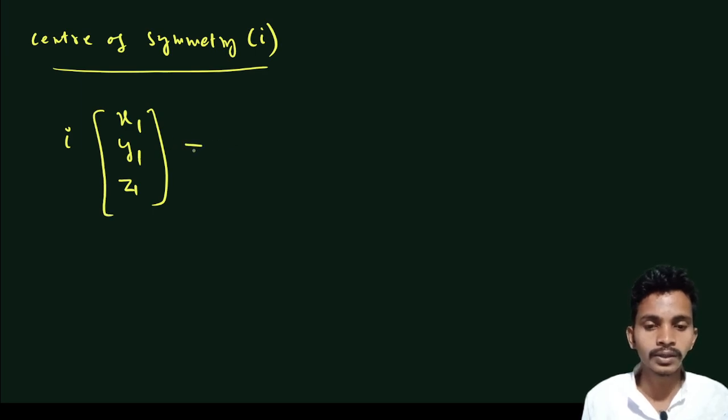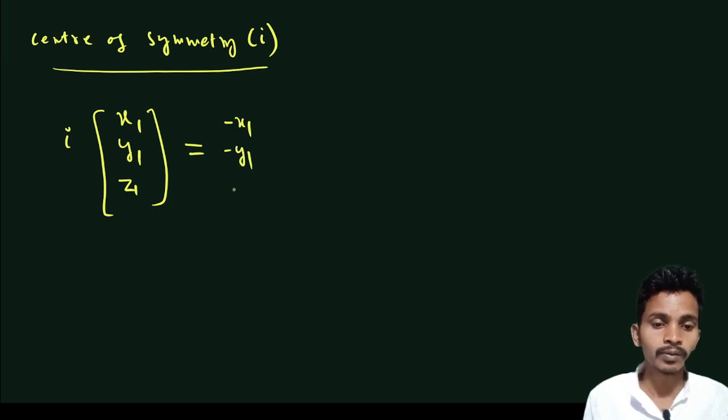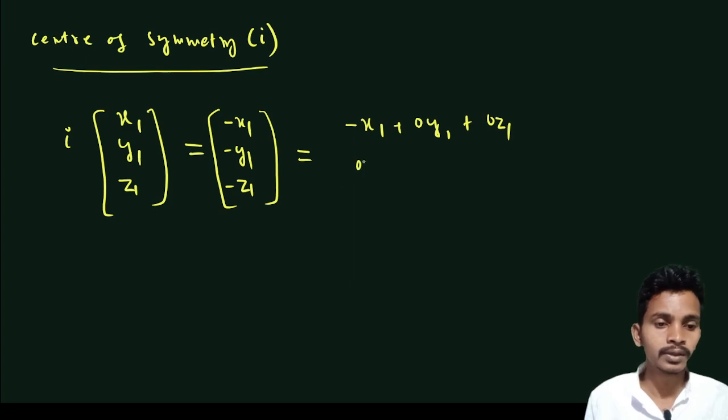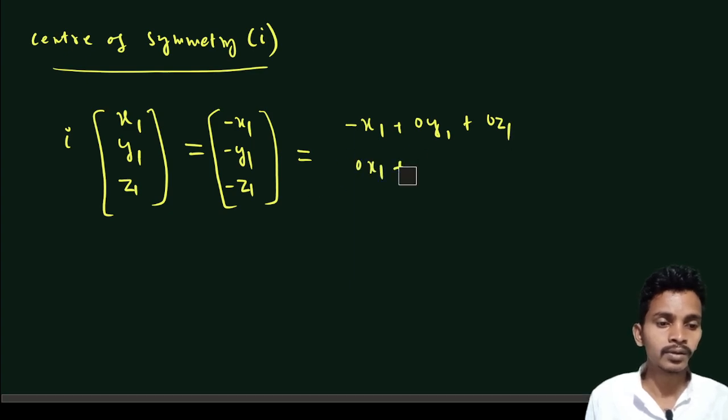So if I use it, then this will invert all the coordinates, as we already discussed, so it will become -x1, -y1, and -z1. So how can you represent that? -x1 plus 0 y1 plus 0 z1, and 0 x1 plus -y1 plus 0 z1, and 0 x1 plus 0 y1 plus -z1.